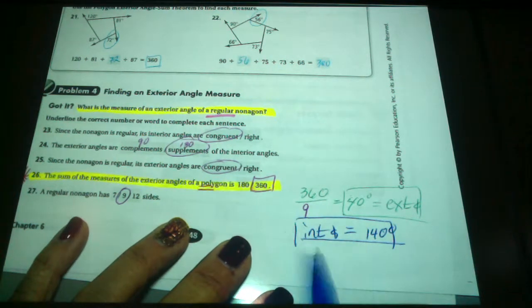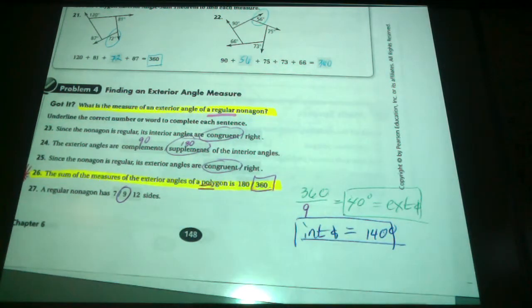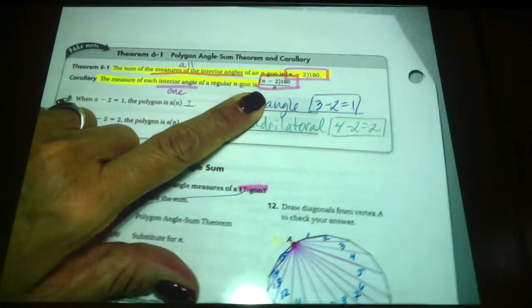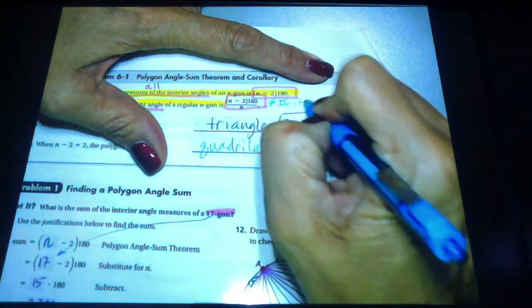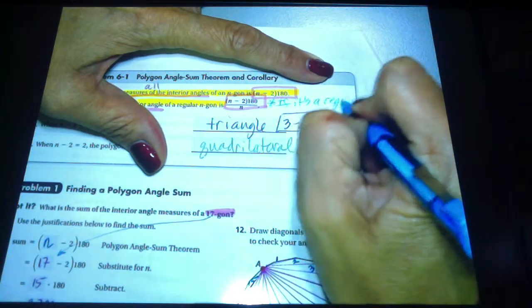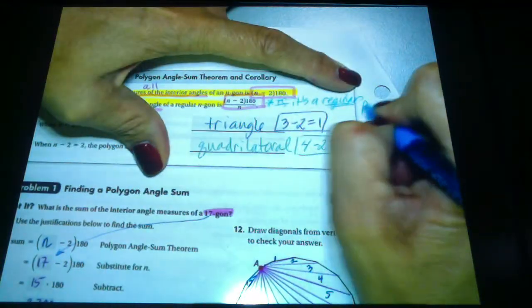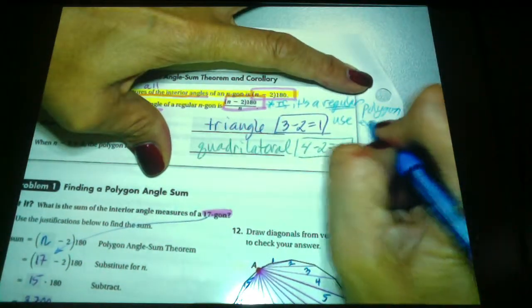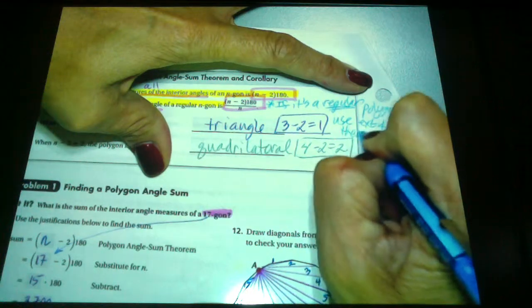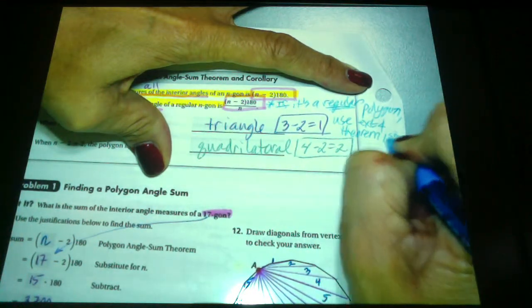So the quickest way to find an interior angle of a regular polygon is to use the exterior angle theorem. Find the exterior angle first, and then find the interior angle. Your book will tell you to use this interior angle theorem right here. But if it's a regular polygon, use the exterior angle theorem first.